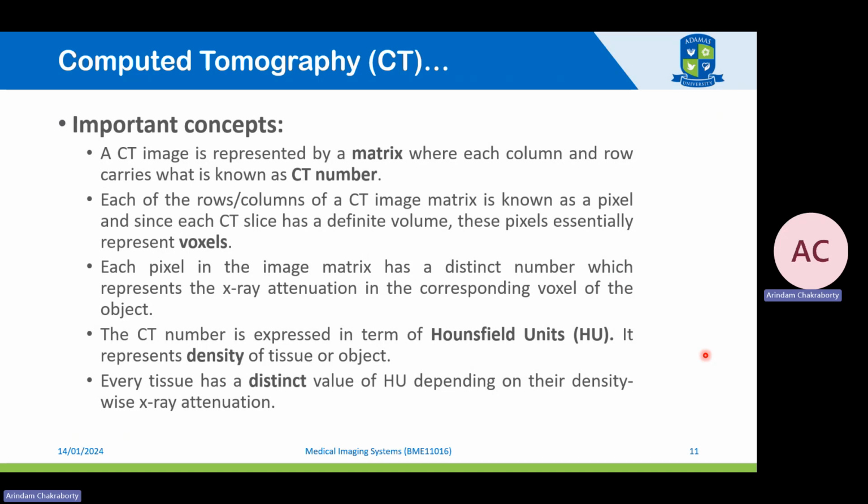Every tissue, depending on its density, has a distinct Hounsfield unit value that is very important for further post processing and understanding of the structure of the object or the tissue.